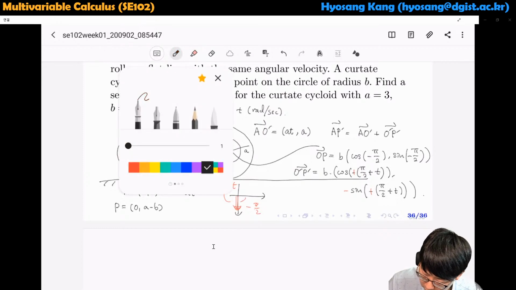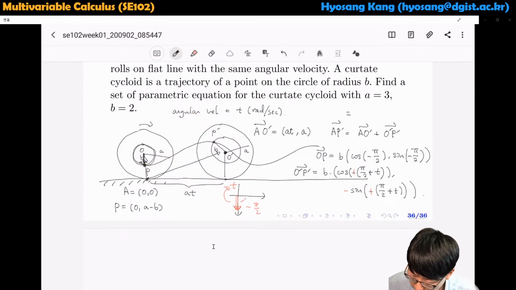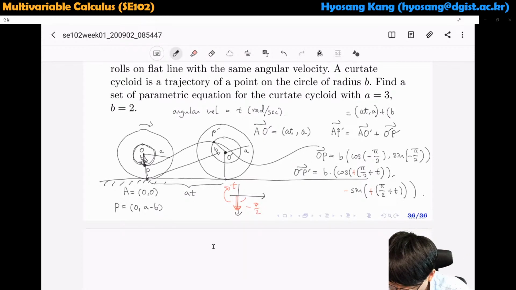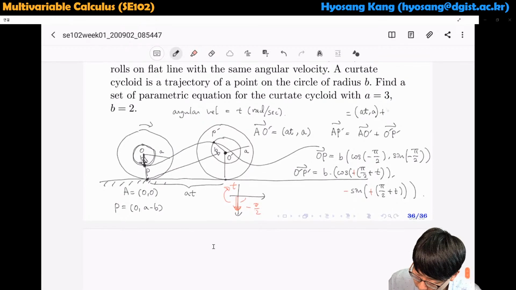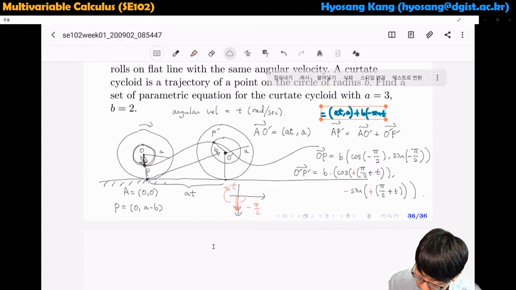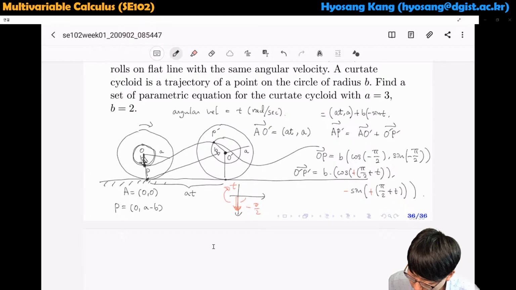Let's rewrite OO prime, which is at comma a. Then we have minus b sine t, and here we have minus b cosine t.